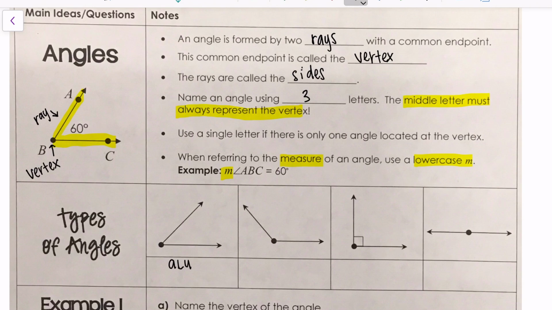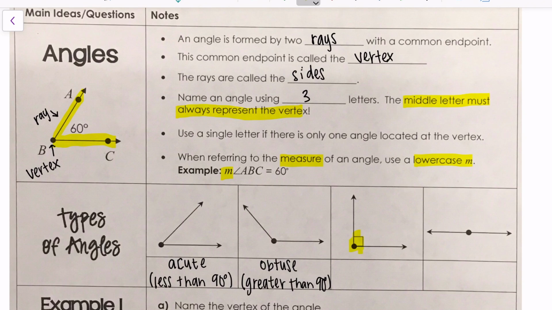All right, now let's talk about the different types of angles. So first we have an acute angle. Acute angles are the angles that are less than 90 degrees. So when you think of acute, think of just cute. They're small. Then we have obtuse. Obtuse angles are the ones that are greater than 90 degrees.